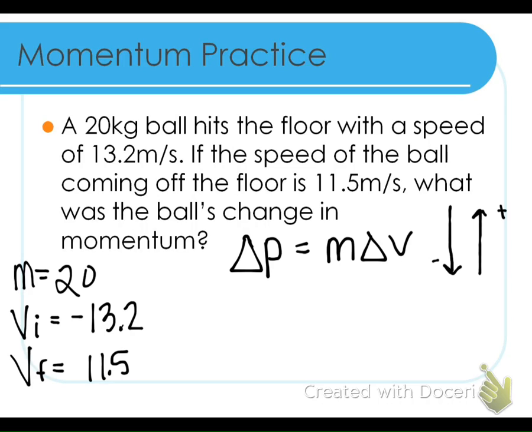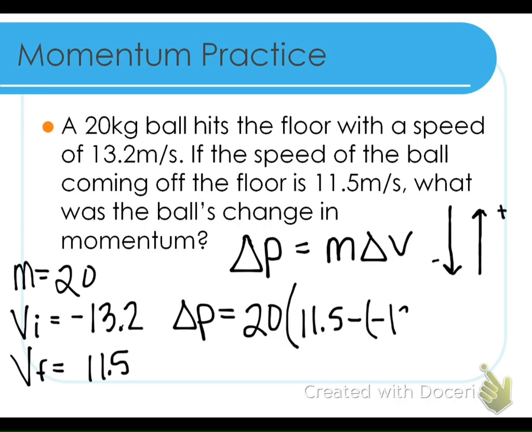All right, so now if I plug this in, I'm solving for delta P. I'm going to take my mass times my final velocity, which is 11.5, minus my initial velocity, which is 13.2. When I subtract a negative, that means I really add them together. So I'm going to take 11.5 plus 13.2 and multiply that whole number by 20.